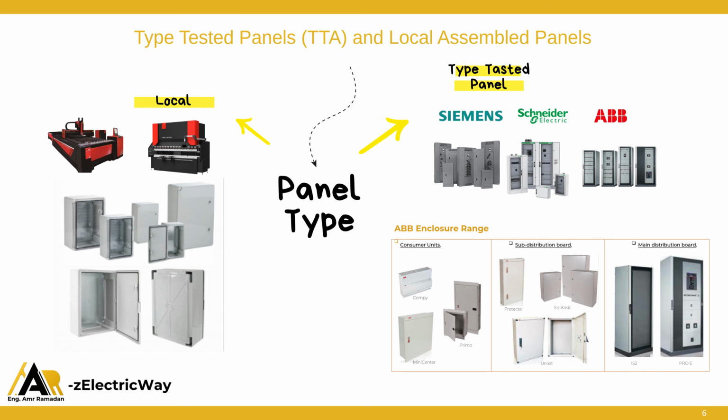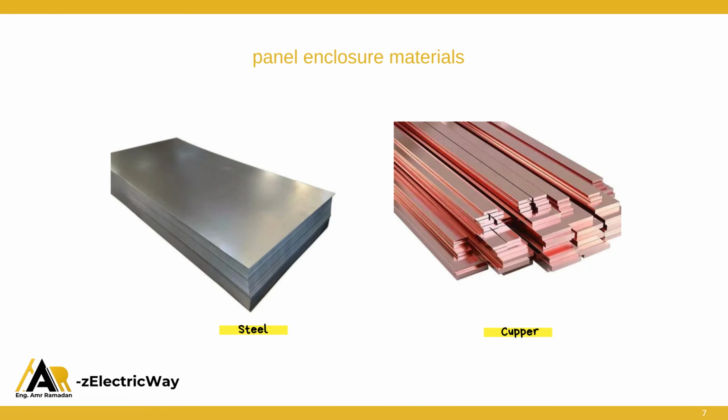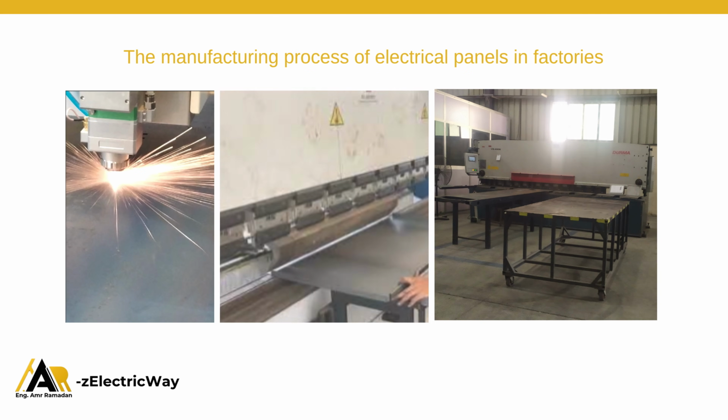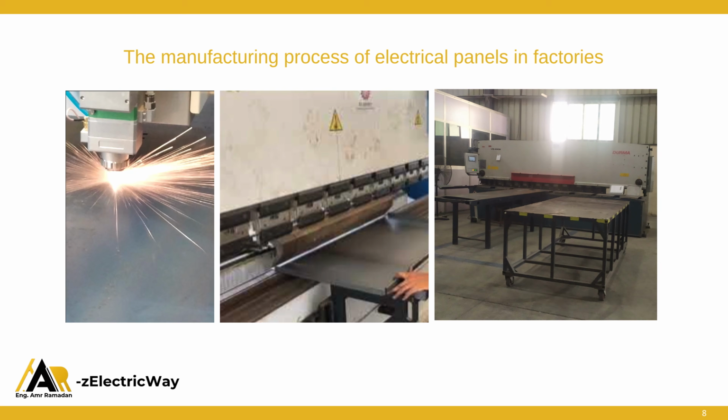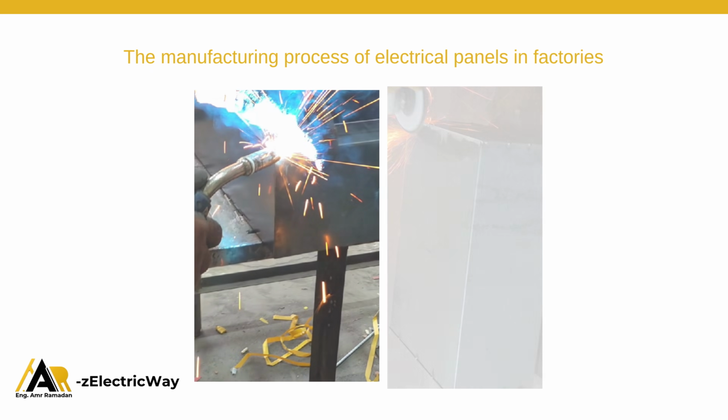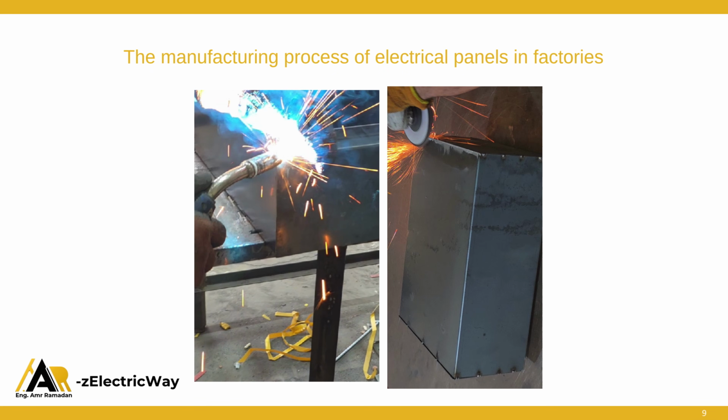Pro A. After that, we will speak about panel enclosure materials like steel and copper, and the processing of electrical panels in the factories, from CNC, punching and welding, to electrostatic powder painting.